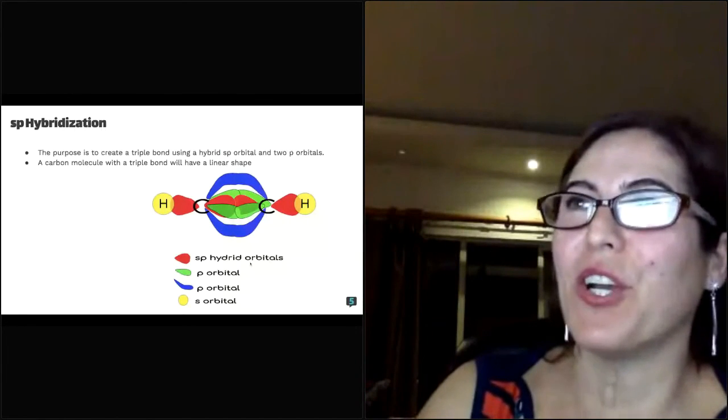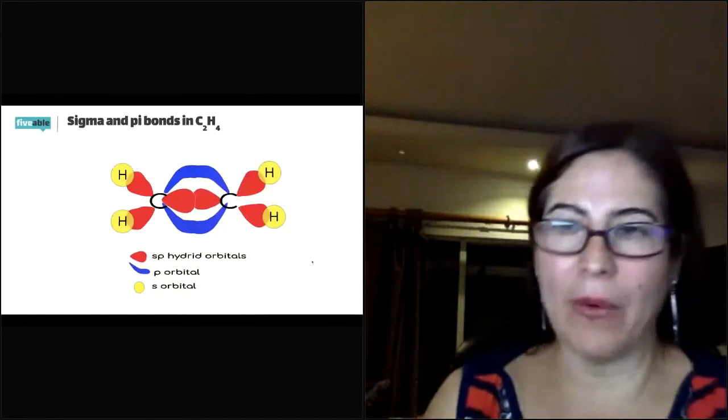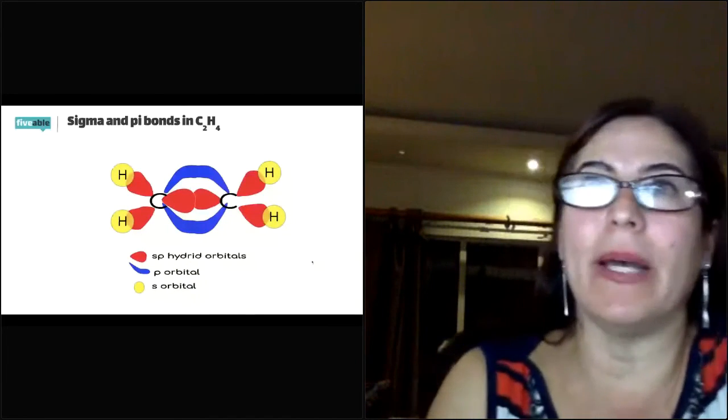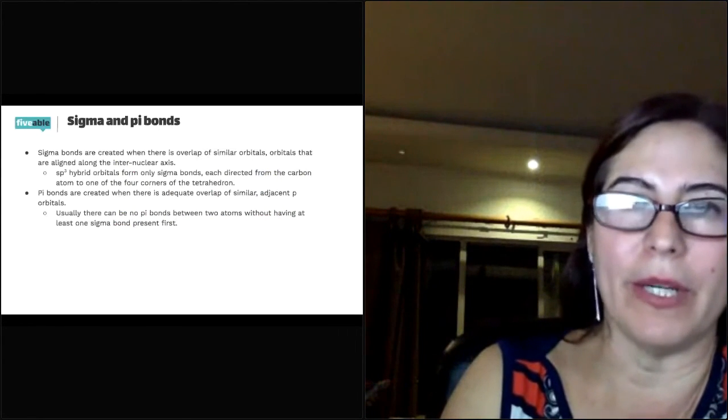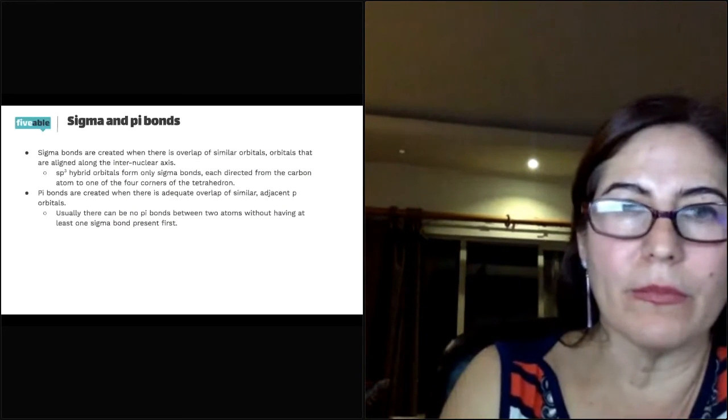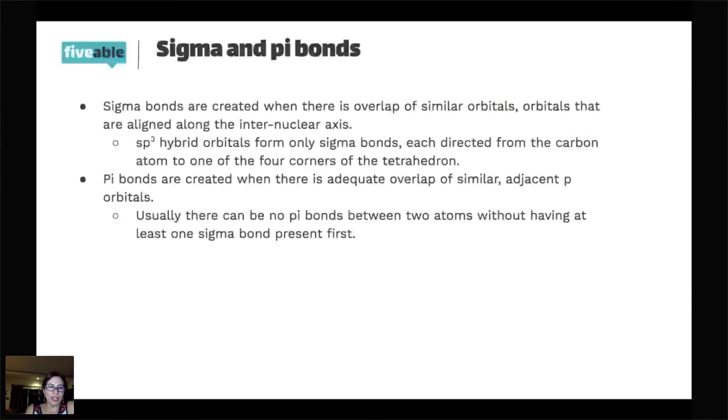Okay. Now, lastly, we're going to see sigma and pi bonds. The definition of a sigma bond is that it's one bond that is created with the overlap of similar orbitals, and the orbitals are aligned in the same axis as the nucleus of the atoms.